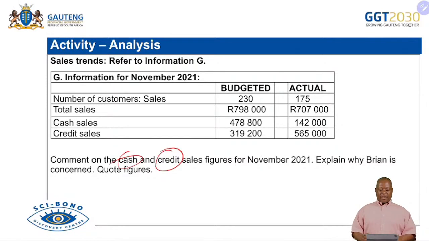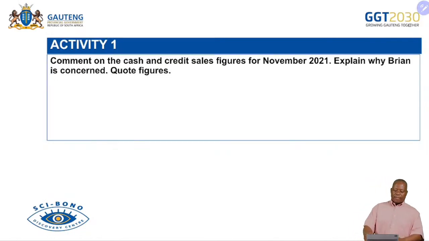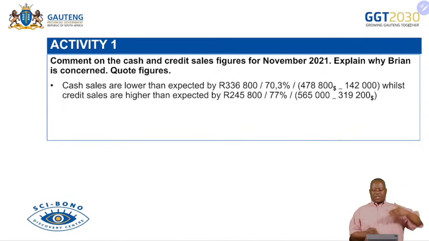It is concerning really to Brian. So what are we expected to do? Comment on the cash and credit sales and explain, okay? The cash sales were lower than expected by 336,800. Or you can make it a percentage, by about 70.3%. Or you can say it is from this to this.